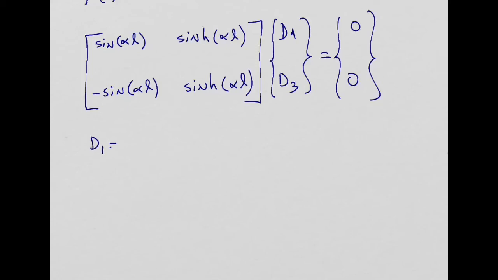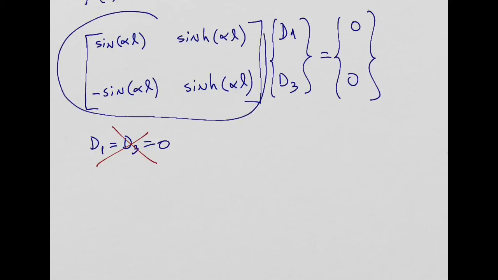If you want to avoid the solution D1 equal to D3 equal to 0, the trivial solution, you need to say that the determinant of this matrix needs to be equal to 0. Remember that? You did that, for example, in solid body mechanics, when you calculated the principal stresses. This is an eigenvalue problem. So if you want the non-trivial solution, you need to impose that the determinant of this matrix is equal to 0.